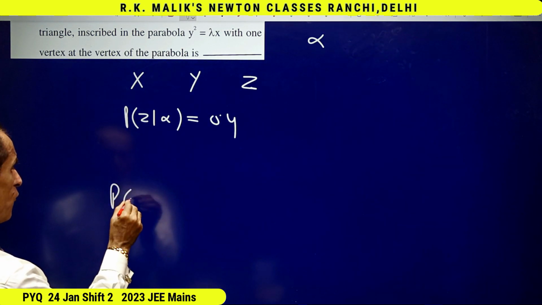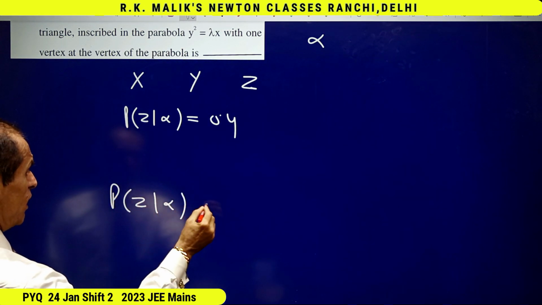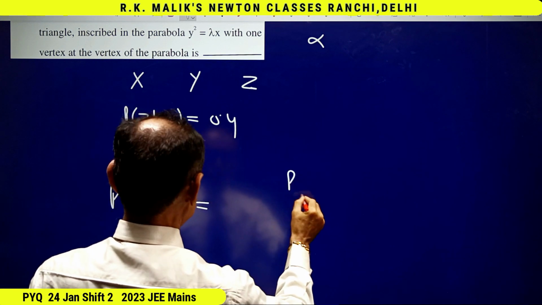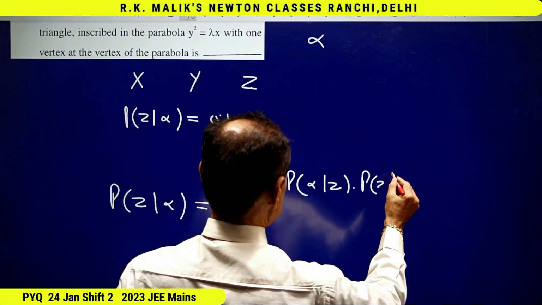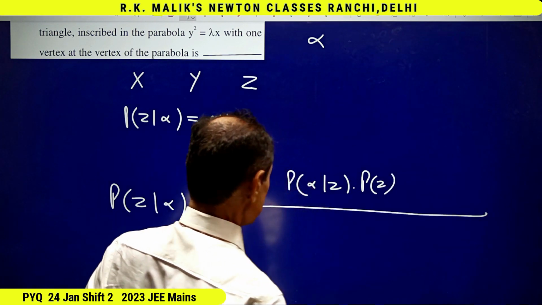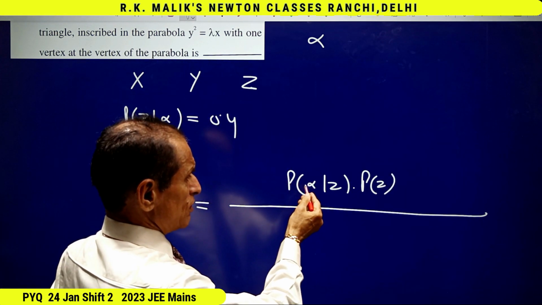Clearly it is a question of Bayes theorem, and according to the formula of Bayes theorem, probability of Z when alpha has already happened is equal to probability of alpha when Z has already happened into probability of Z, upon P alpha.